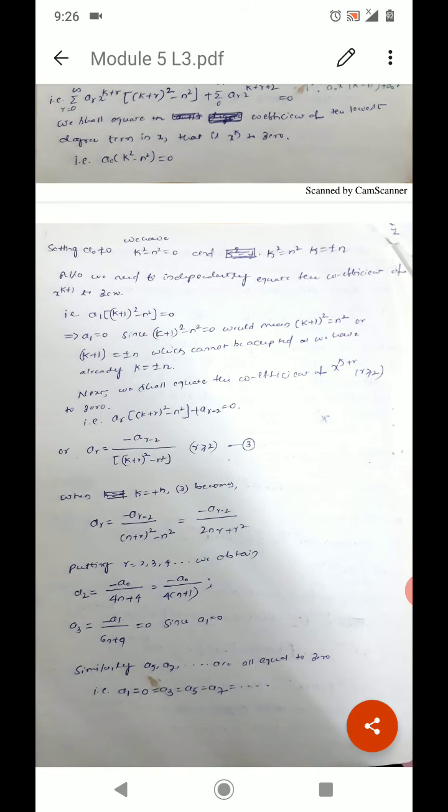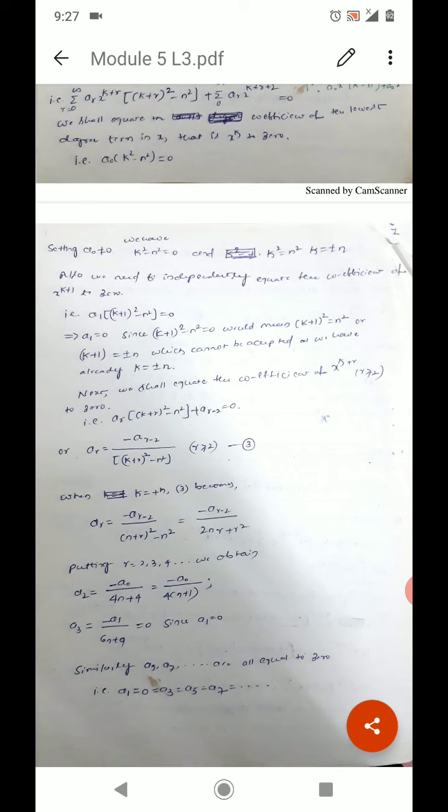Next we shall equate the coefficient of x power k plus r, where r is greater than or equal to 2, to 0. So again, by expanding the summation, we will get the coefficient of x power k plus r is ar of (k plus r) whole square minus n square plus a(r minus 2) equal to 0.